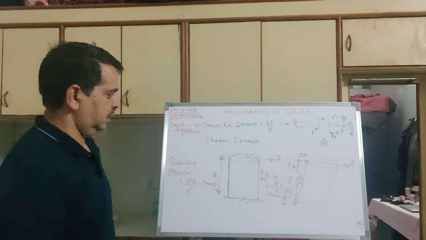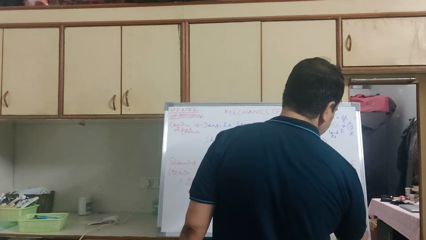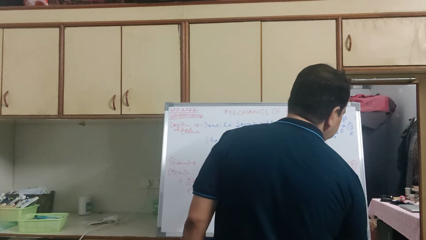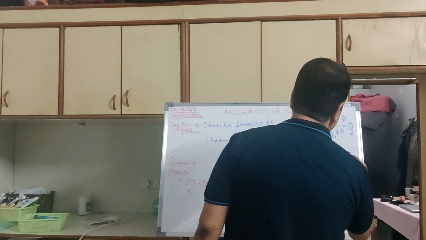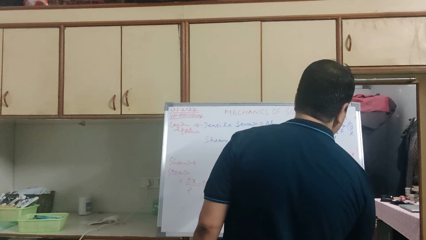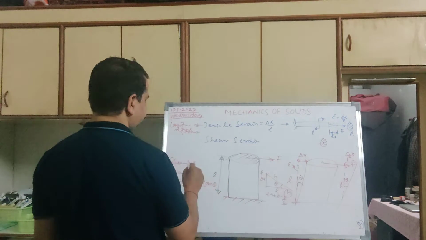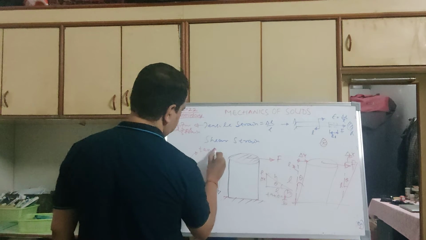If you magnify it, it is something like this: this is your theta, this is your delta x, and this is your L. So the shearing strain is equal to tan theta, which is del x by L.